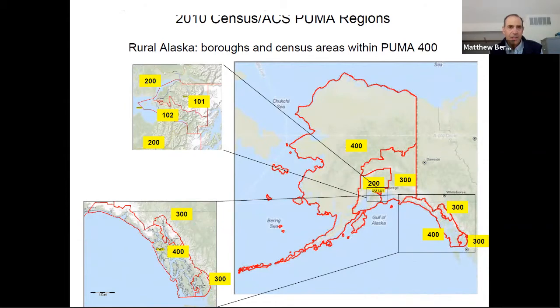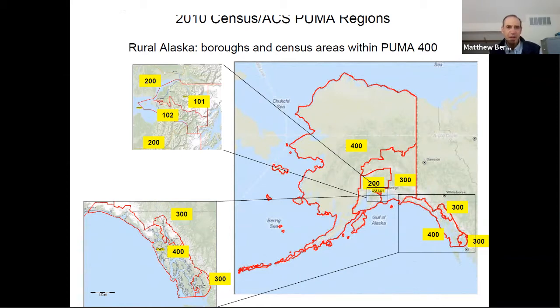So what has changed relatively less are the public use microdata areas, the PUMAs, and there are five PUMAs, although Anchorage is divided up into two.